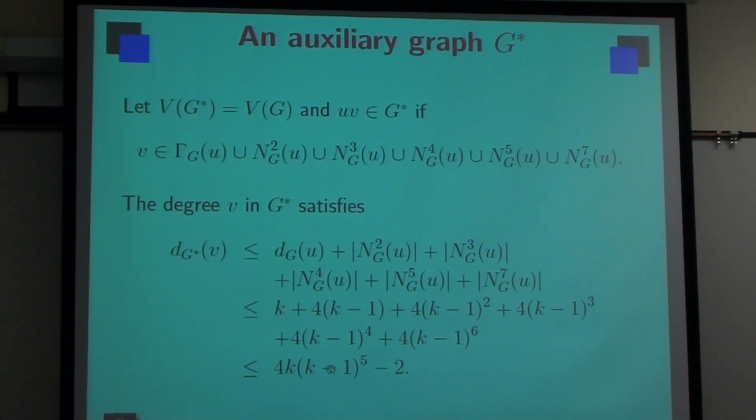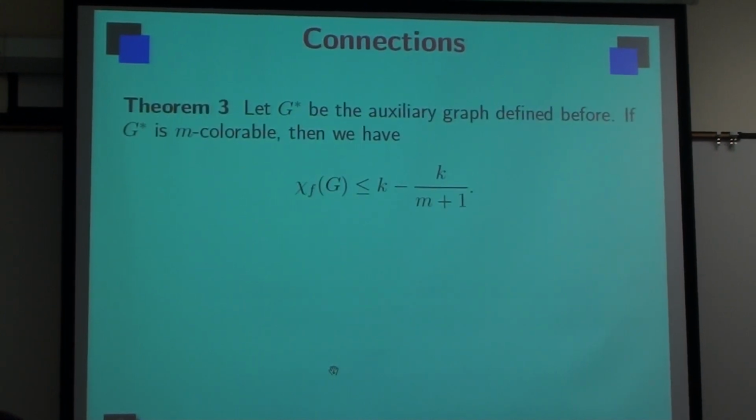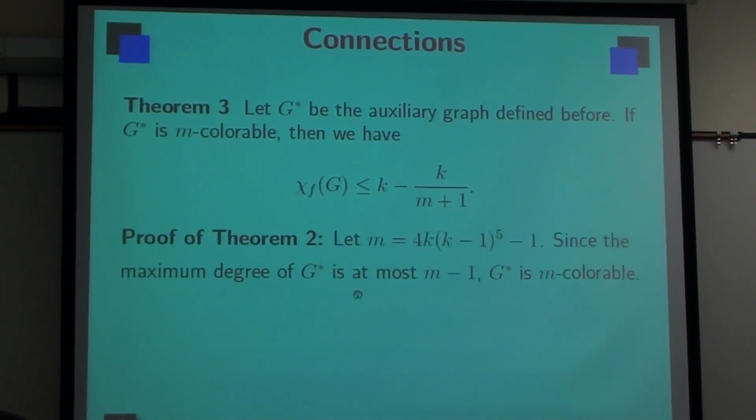Now, the next lemma says, suppose this graph can be m-colored, then you can use this coloring to show that the fractional chromatic number is less than k. That's how we get it. And if you plug in m by its maximum degree, then we just get the result. That's the basic idea.